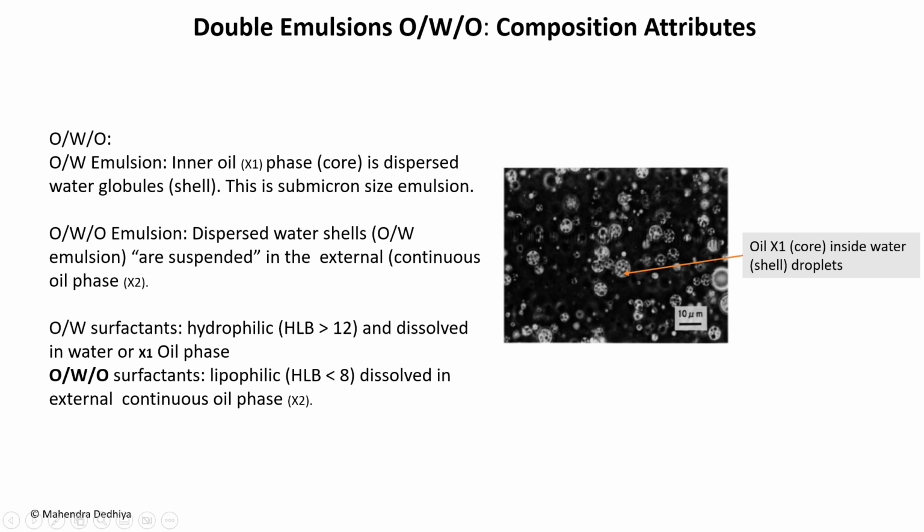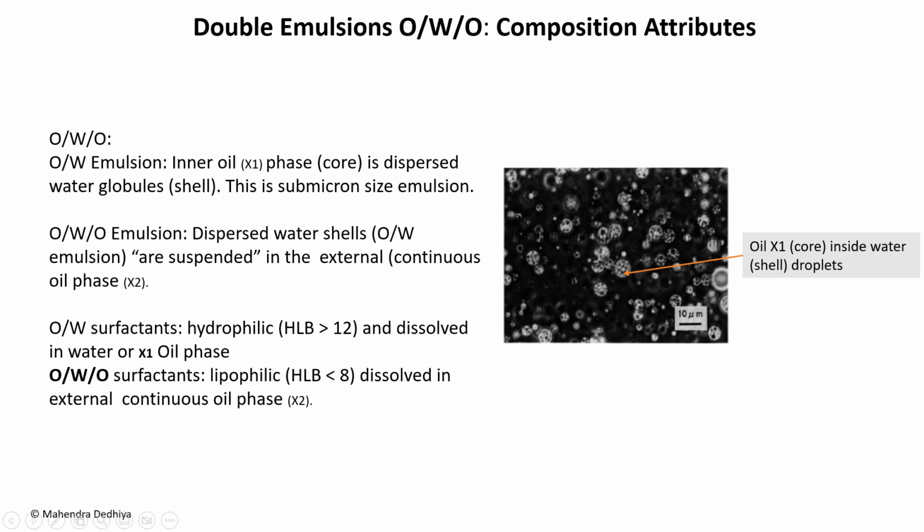This oil and water emulsion is submicron size. The oil and water emulsion is then again emulsified into an external phase of oil. This external oil phase is a continuous oil phase, as shown in the figure and in the photomicrograph on my right hand side.